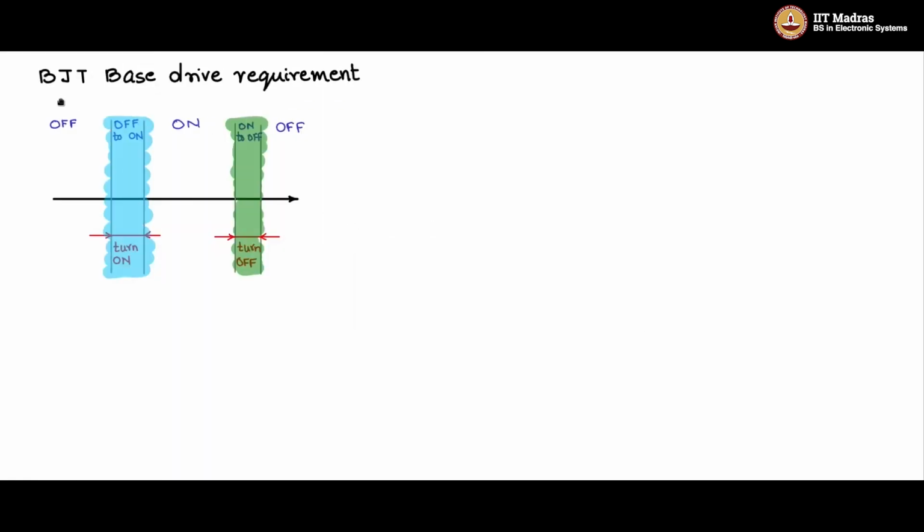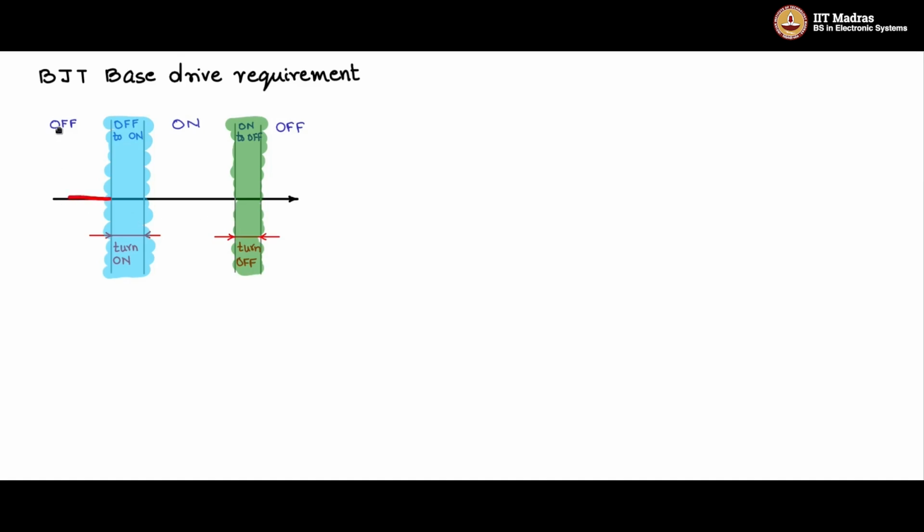Now we can summarize the BJT base drive requirement. Base drive for the BJT means base current, and how should a typical base current be for switching on and switching off the BJT device.